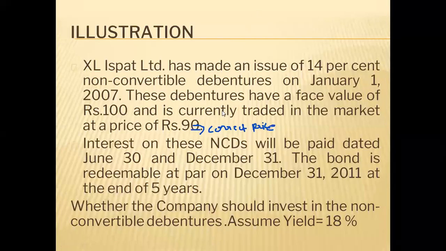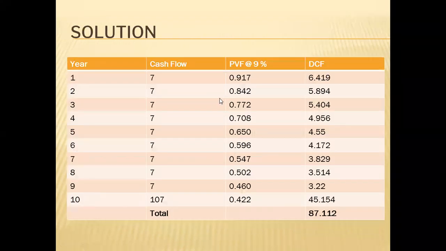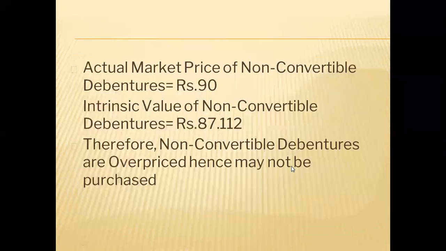Why should you not invest? Because your correct price is less than the market price, or this bond is sold at a higher price. The correct intrinsic price is coming to 87 rupees, but the company is selling this bond for 90 rupees, meaning they are selling it at a higher value. So what conclusion will we write?